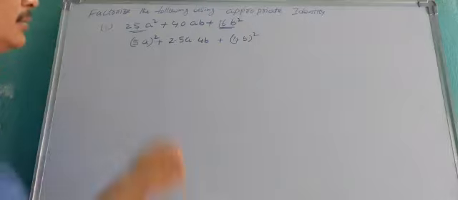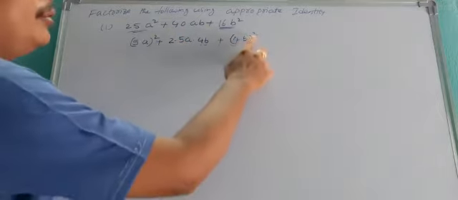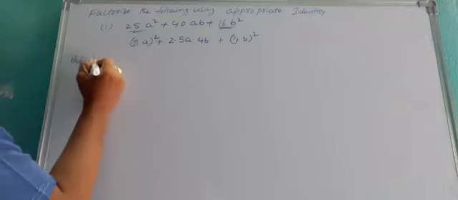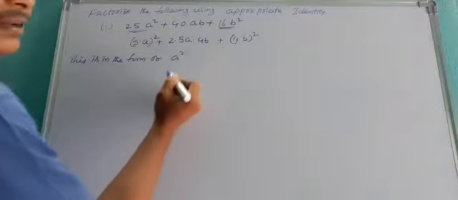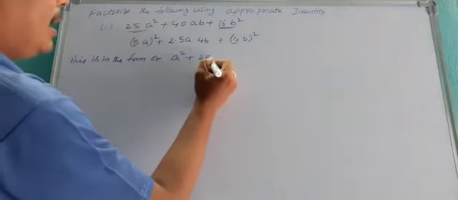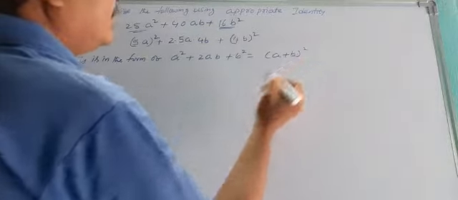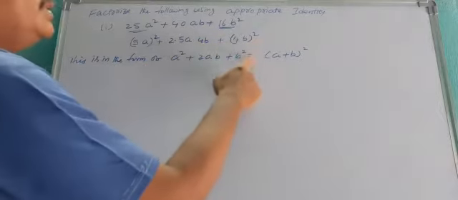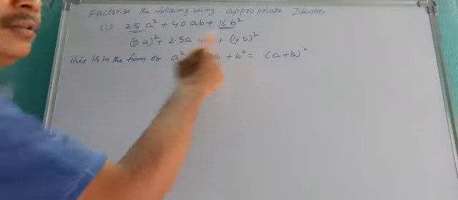Check it: 2 5s are 10, 10 4s are 40, so 40ab. Now this is in the form of a square plus 2ab plus b square, that equals (a plus b) whole square. Here a equals 5a, b equals 4b.